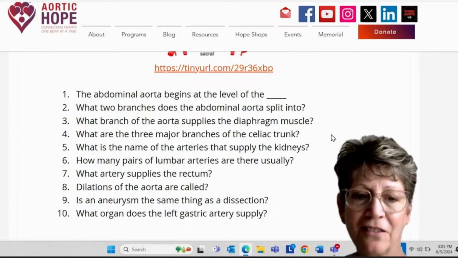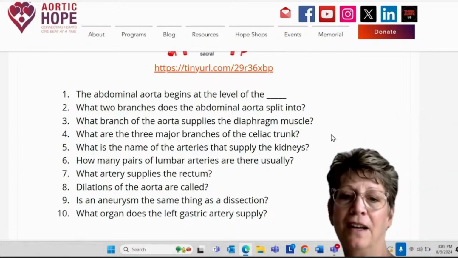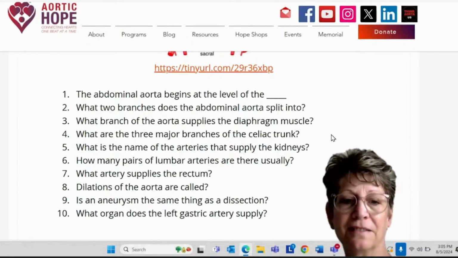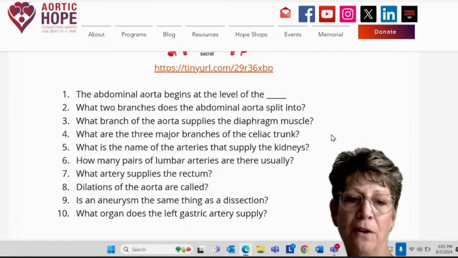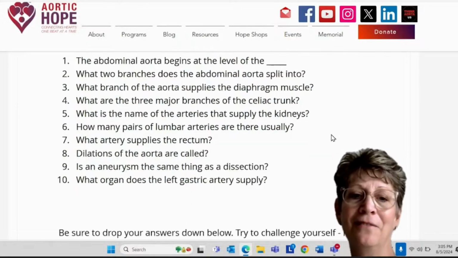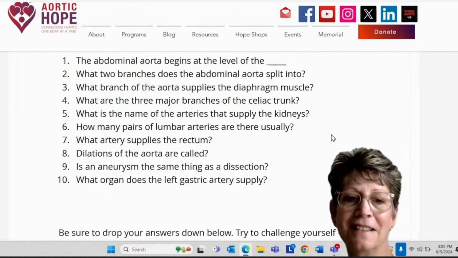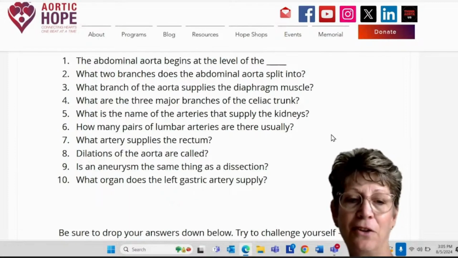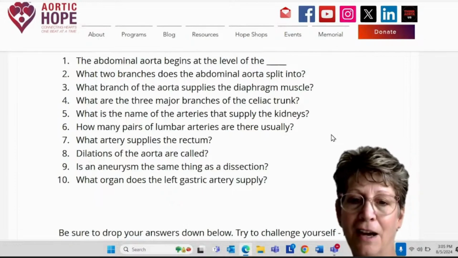I thought the answers were here, but they're not. What are the three major branches of the celiac trunk? I didn't even know I had one of those. I bet that's the celiac thing that runs the diaphragm muscle. The name of the arteries that supply the kidneys, I have no idea, but I know they check it every time I have a CT scan.